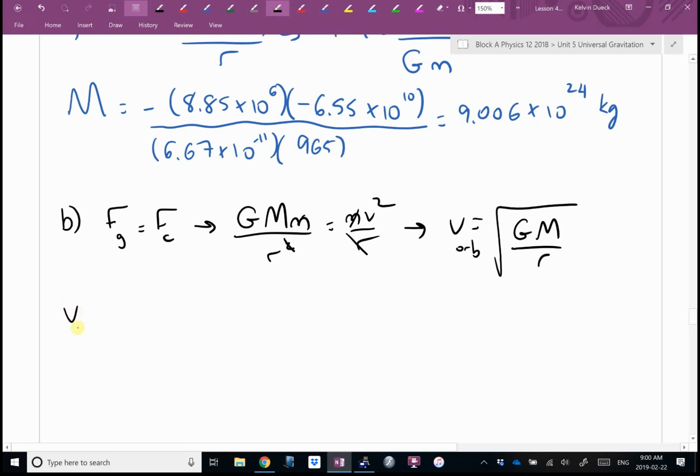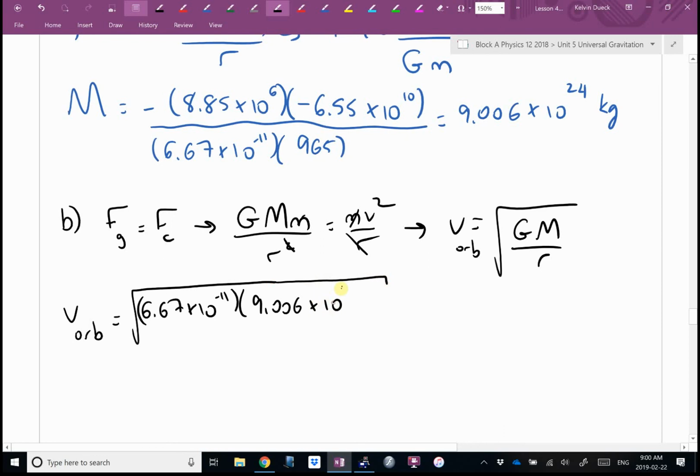So if we crunch this, it's going to be the square root of big G, 6.67 times 10 to the negative 11. Big M, I'm going to write 9.006, but I'm going to use my answer button because it's still stored on my calculator, Dylan, if that's okay.